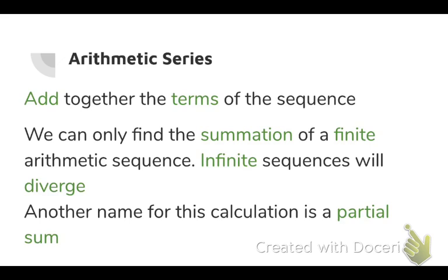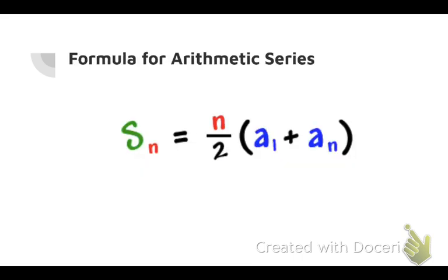Another way that they will ask you to calculate a series is called a partial sum. And again, what we're thinking about is I'm just taking a piece or a part of that sequence and adding those numbers together to get the total value. The formula for an arithmetic series would be S sub n, meaning the summation of n, a certain number of terms, is equal to that number of terms.